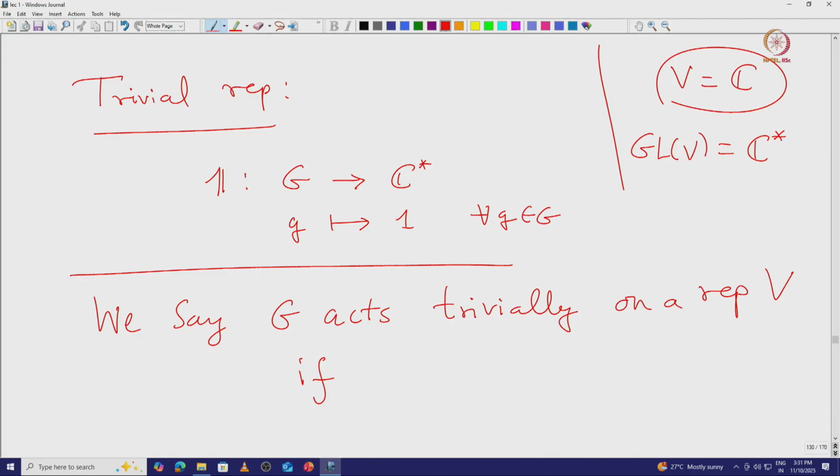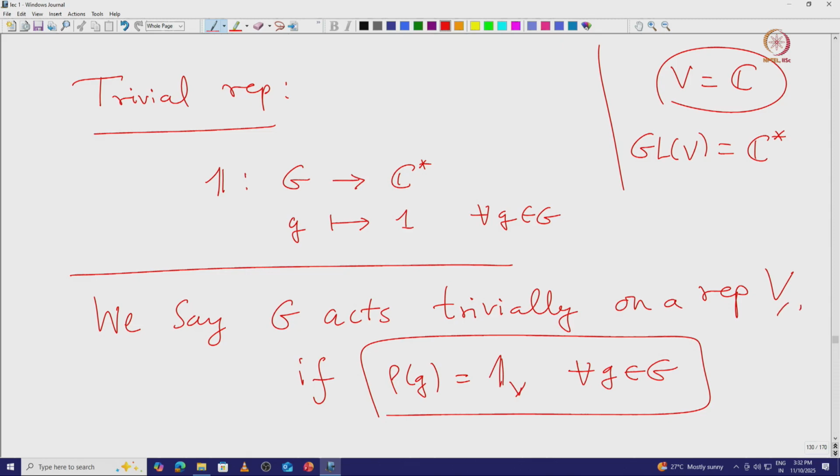So, let us say rho is the map, then rho of g is identity on V for all g in G. If this is the case, then you say G acts trivially on the representation. These are some terminologies that we are going to use in the course, so it is better to fix them.